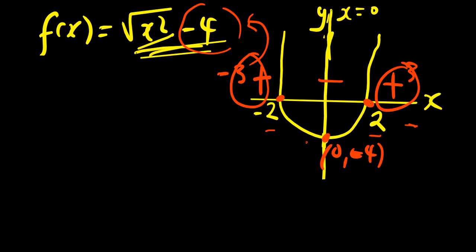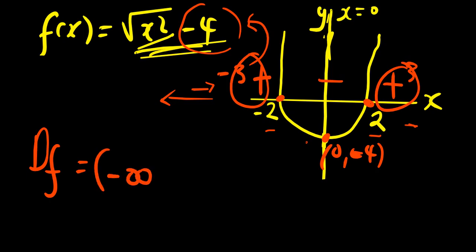So our domain for this case, let me say Df will be equal to, starting from this side, from -infinity, if I'm using interval notation, up to -2, and -2 is included. So we close the bracket like that, union.